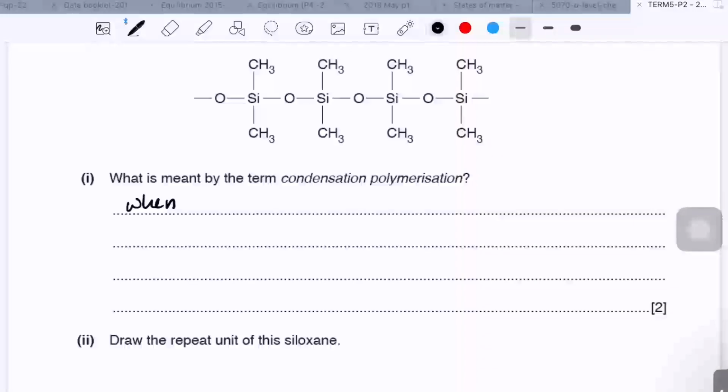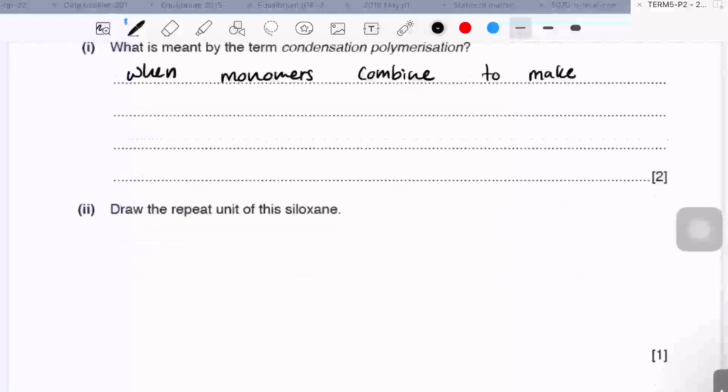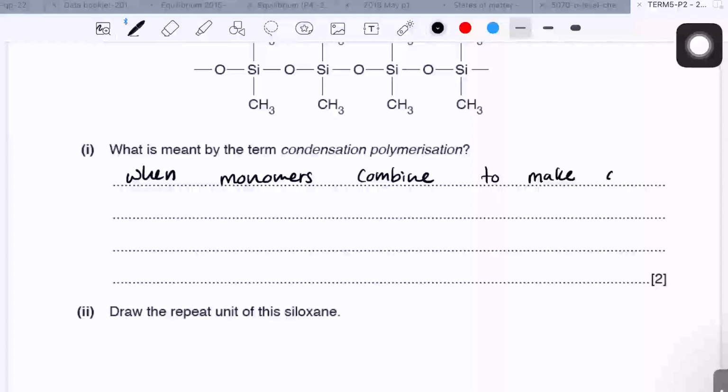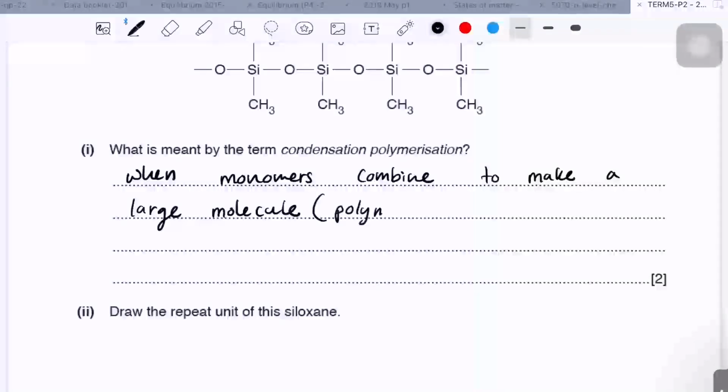When monomers combine to make a large molecule, in brackets polymer.